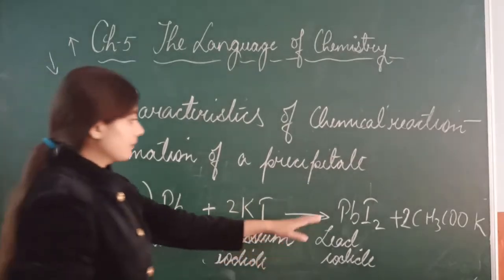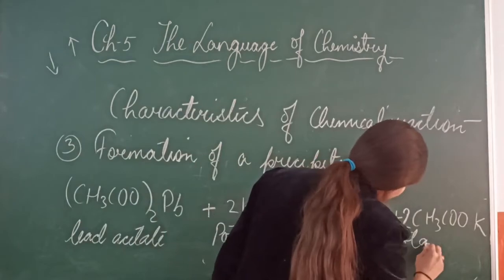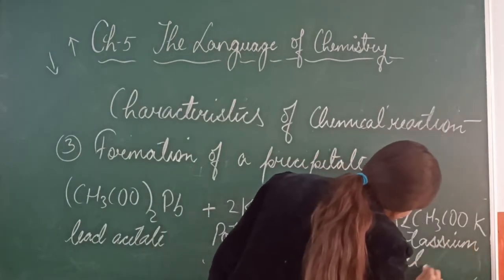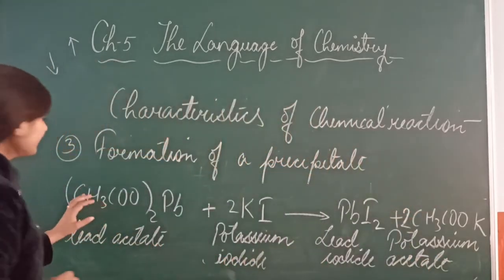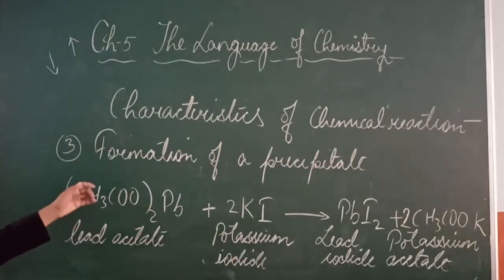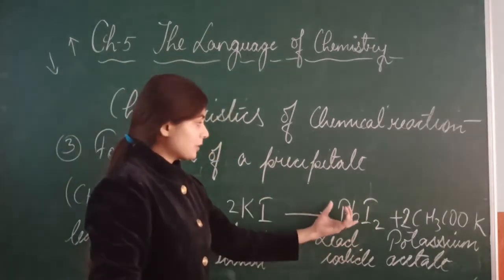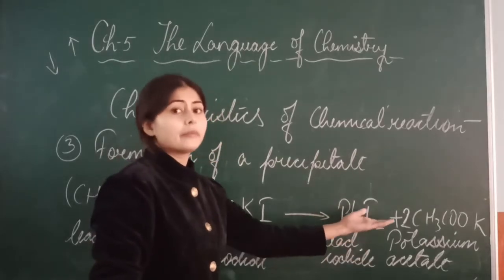In this reaction you can see that lead iodide is a yellow precipitate, and the precipitate is formed in this reaction. This is also one of the examples of a precipitation reaction.